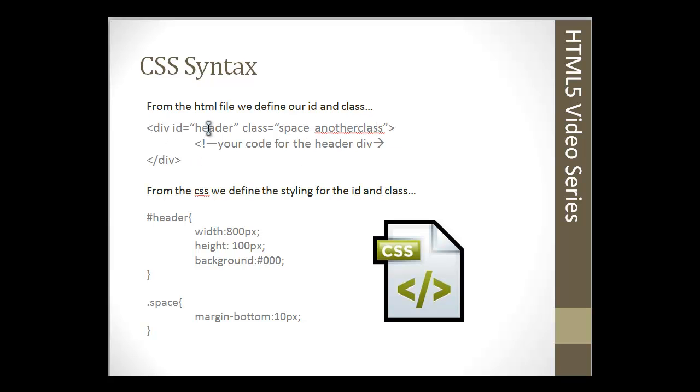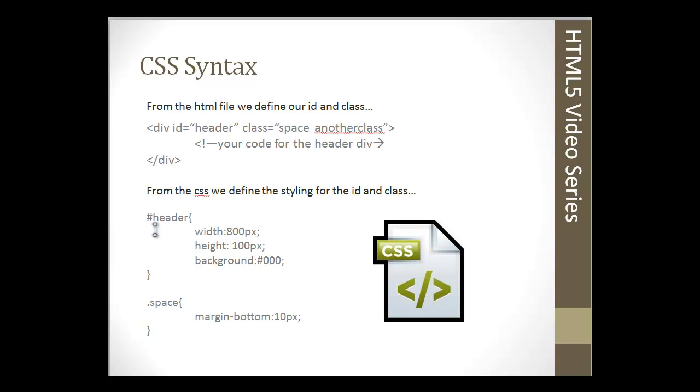Now that on its own is going to do absolutely nothing to the code inside. We have to go to the CSS file that we linked a few slides back. I think it was file.css, and in that file we want to open it and add our ID and classes in there.